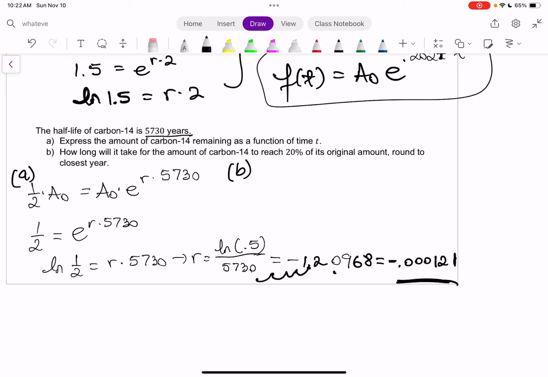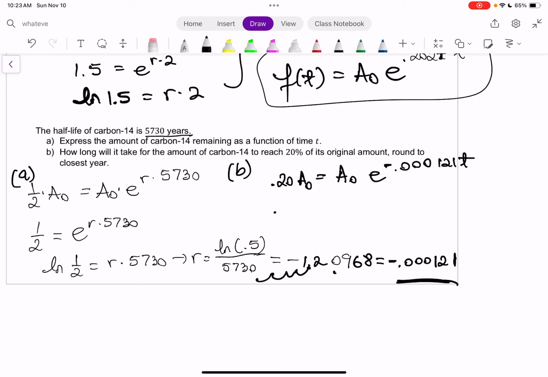So how long will it take for the amount of carbon-14 to reach 20% of its original amount? Whatever you started with has to be left with only 20% of it. But now we have this decaying value, and this time we have to find t.